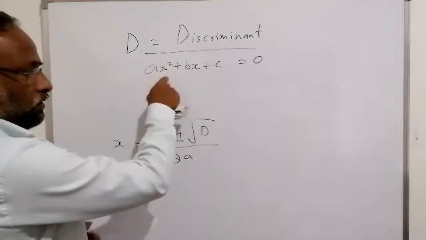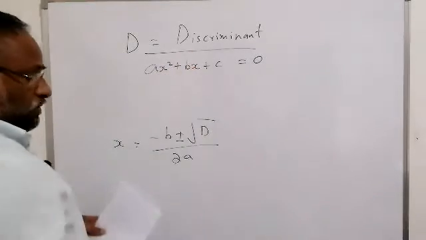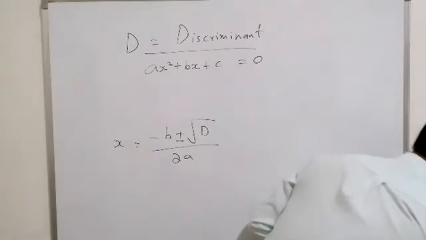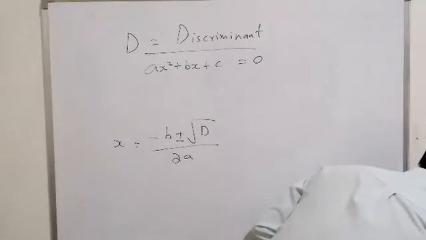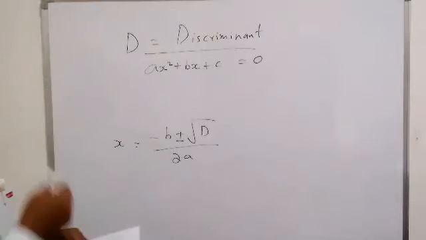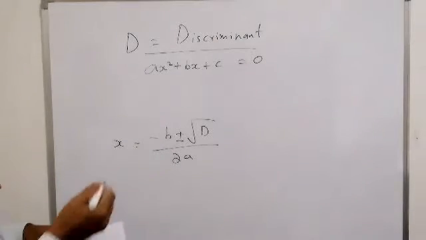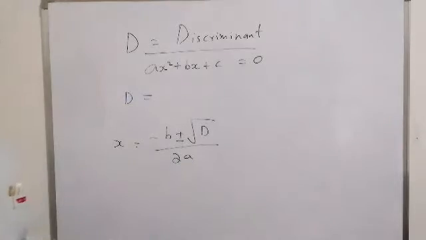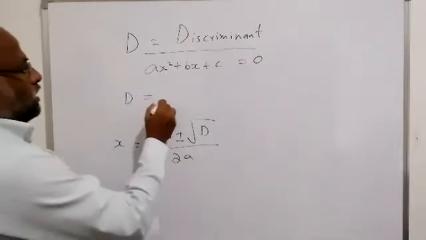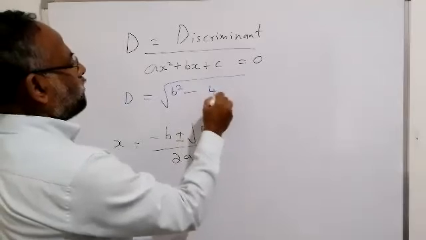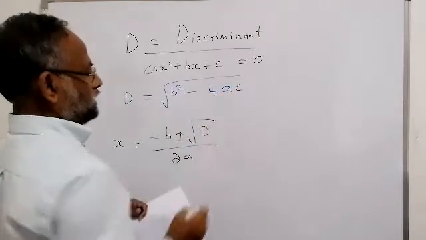A is the coefficient of x square, and B is the coefficient of x. Now we have to find out what D, the discriminant, is. Discriminant D is equal to b square minus 4ac.